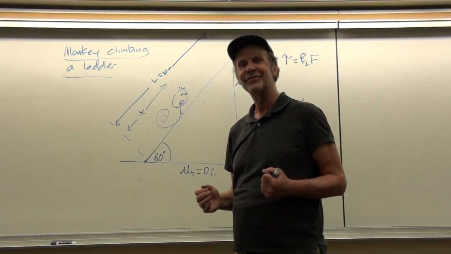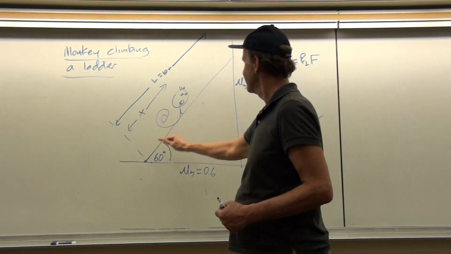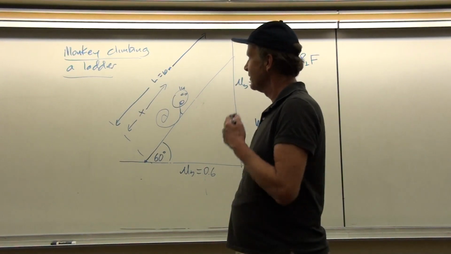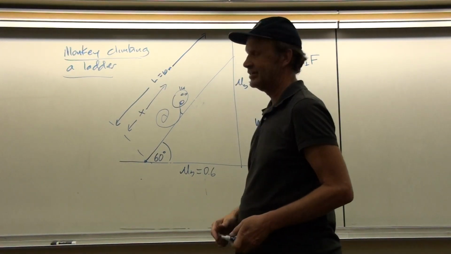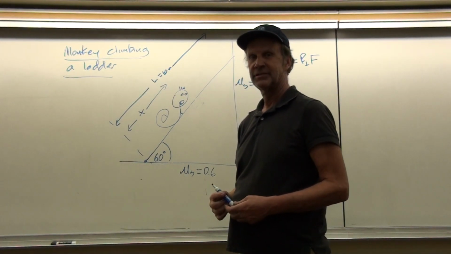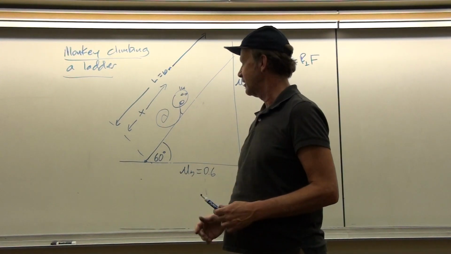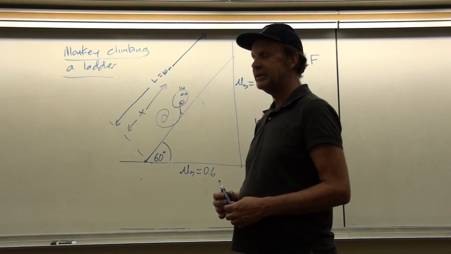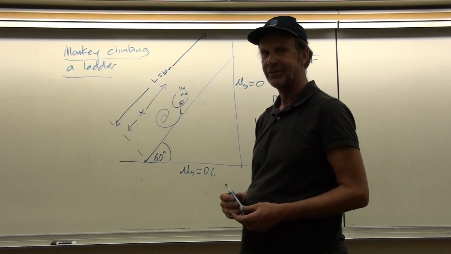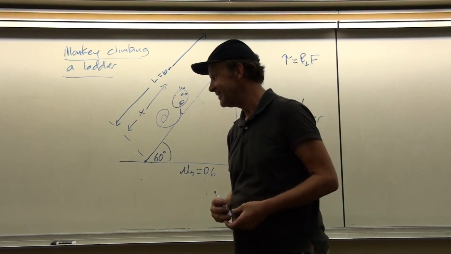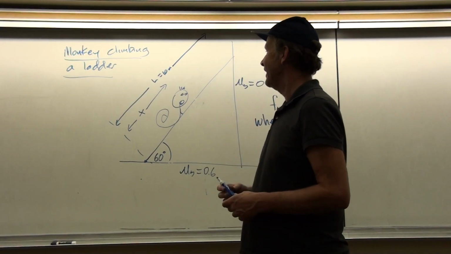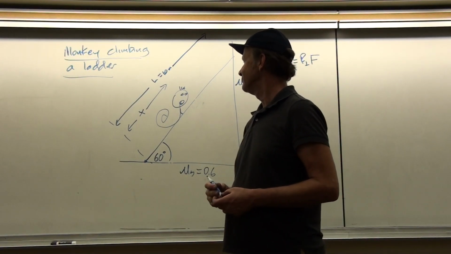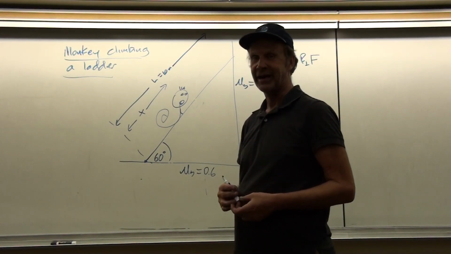So it's only if the value of x is between 0 and the length of the ladder that the monkey will actually slide down along with the ladder. So we're not necessarily hurting the monkey in this example. As a matter of fact, I'm going to set the equations up for you. I'm going to have you solve them for some practice.